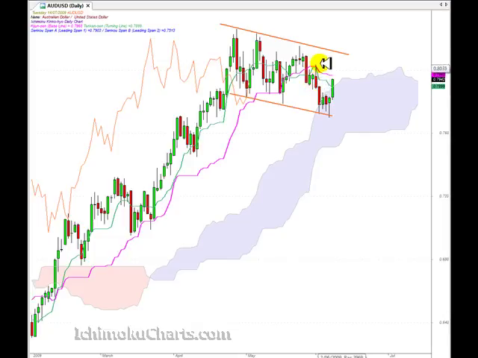So we need to watch that area as resistance, and then obviously the top of this trend line, to see how the market reacts down around there. So the market should continue in that first time frame uptrend, and then we need to watch how the market will react around these areas.